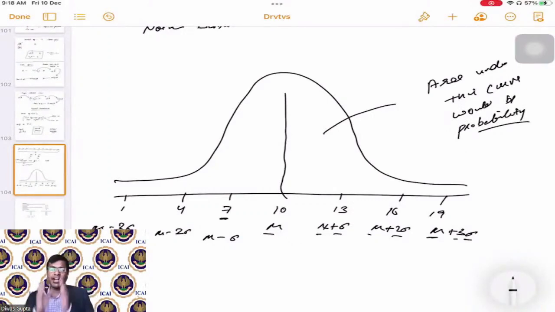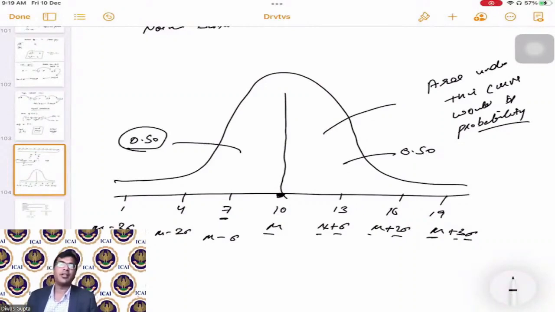It divides the entire series in such a way that both the left-hand side and right-hand side are always 0.5 and 0.5. That means the probability to get 10 on the next day is 50%. You're getting my point? The probability to get 10 is 50% because of this 0.50.